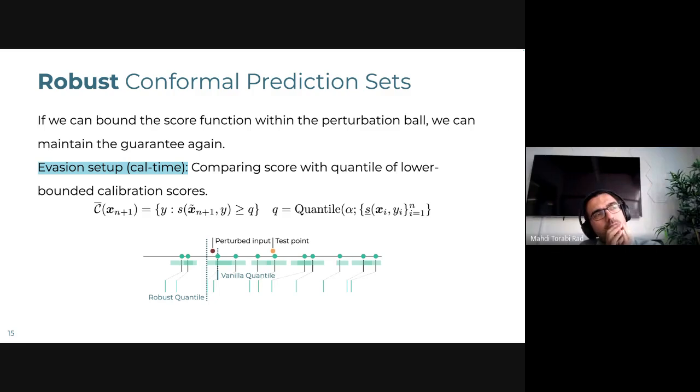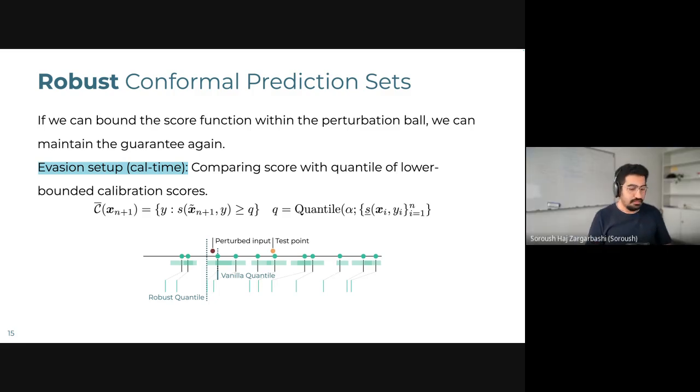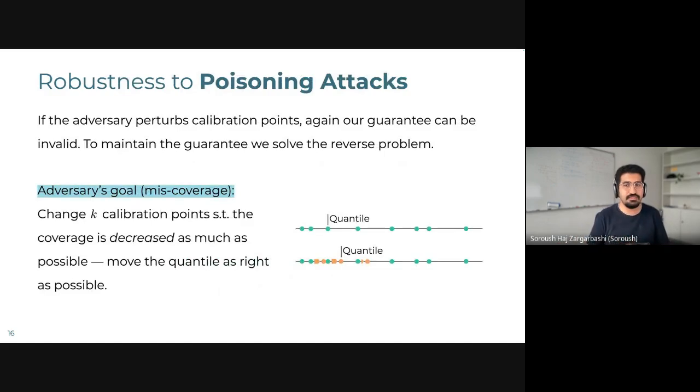Okay. All right. So this is for the evasion setup, where I assume that my calibration points are clean, and now I want to be robust to any noisy test input. Also, let's consider the poisoning setup. So recalling the procedure in conformal prediction, I have some scores, I take the alpha quantile.